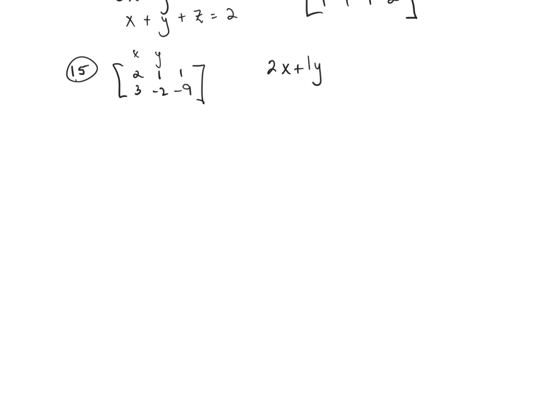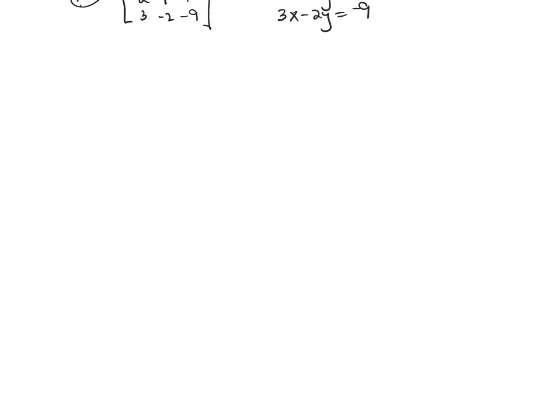If you'd like to put your 1, you're more than welcome. If you don't want to, you can just put y. Our second equation, 3x minus 2y equals negative 9. Again, they don't ask us to do anything with it. They just want to know, can you go back and forth between the augmented matrix and the system?